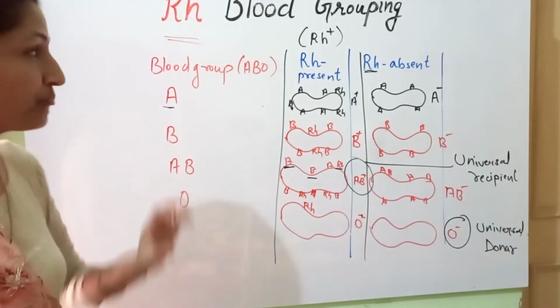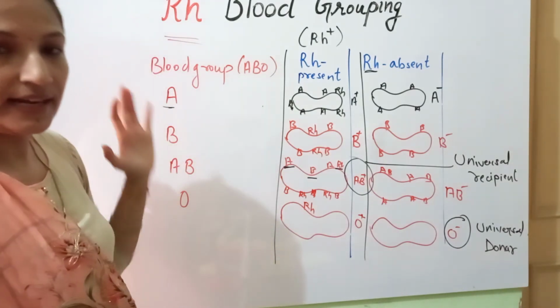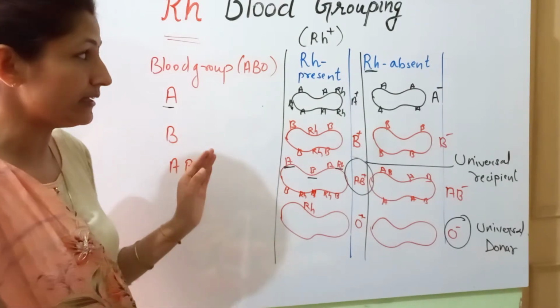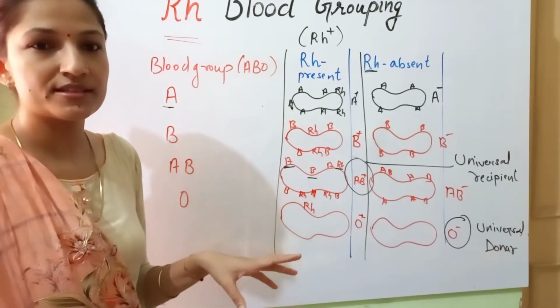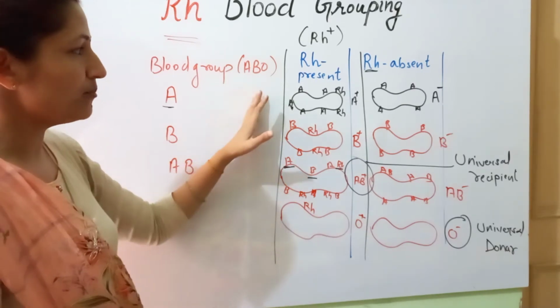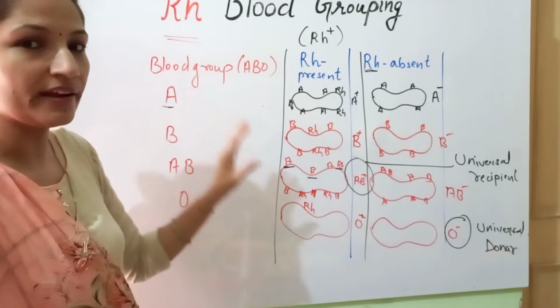So finally, Rh antigen, which is another type of antigen other than A and B, is going to decide, by its presence, that the blood group is positive or negative.